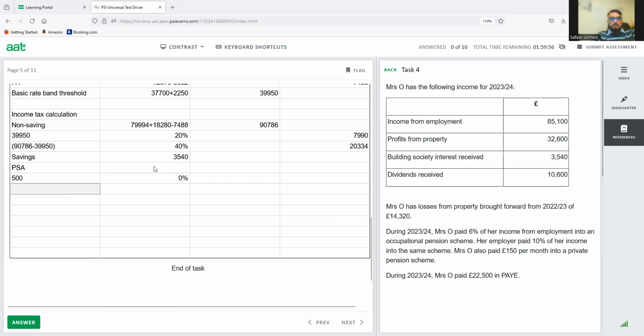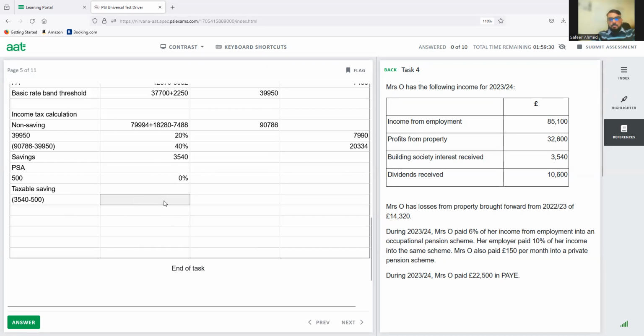And remember, the total taxable saving income was 3540. So after this amount, the taxable saving income will be 3540 minus 500, which gives you 3040 basically.